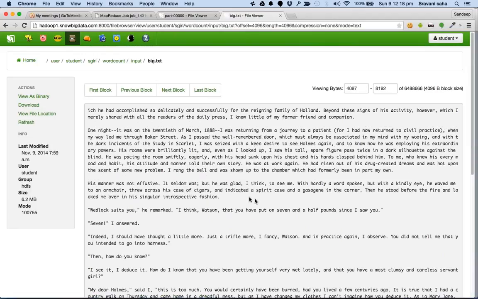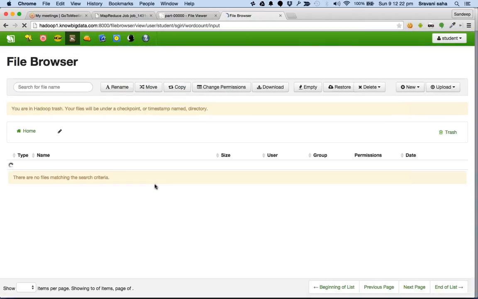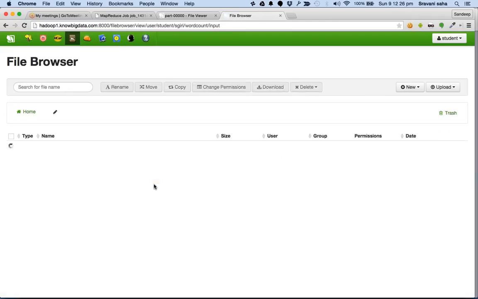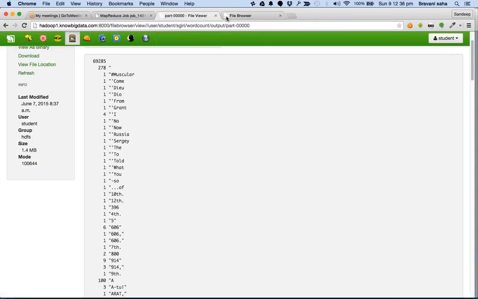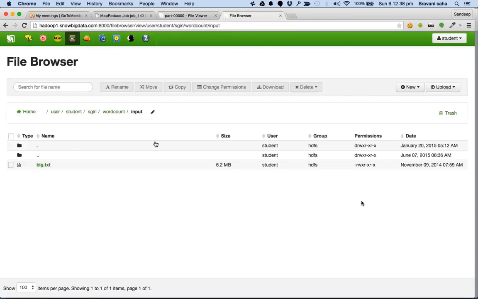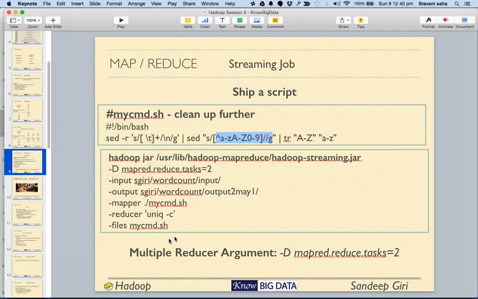And the volume is quite low here, around 2 MB, I think, or 6 MB. You can increase it to 600 MB, and still the time taken will be fairly small. All right, so is everybody on the same page?